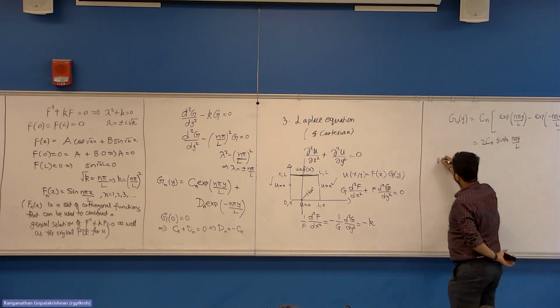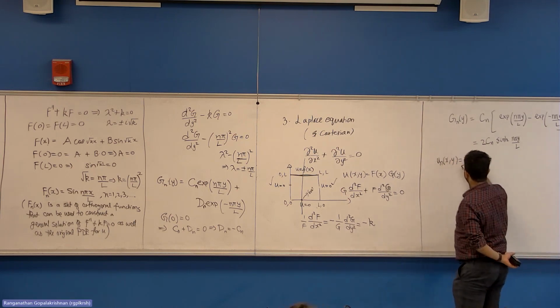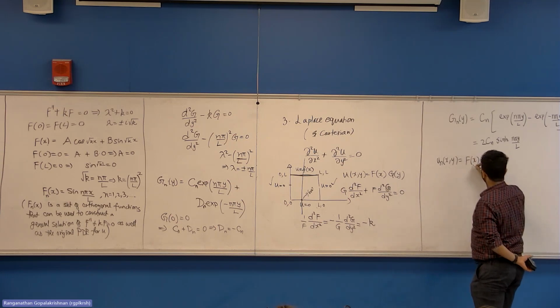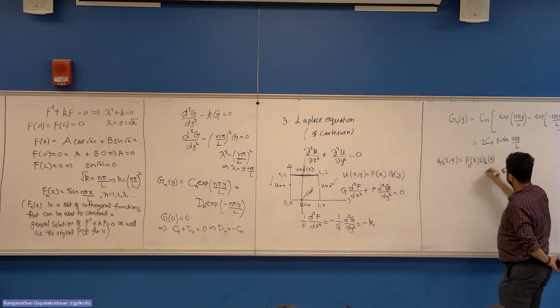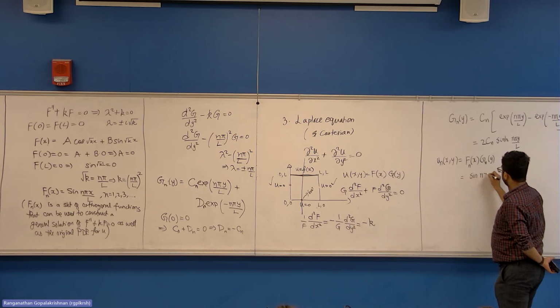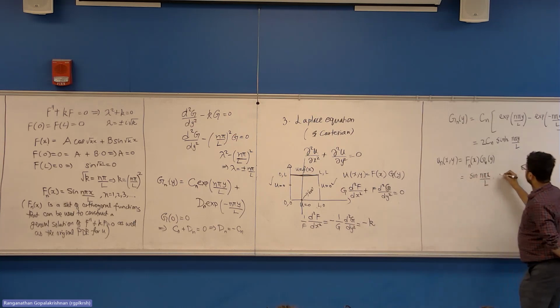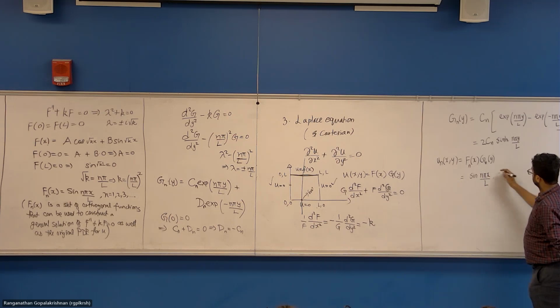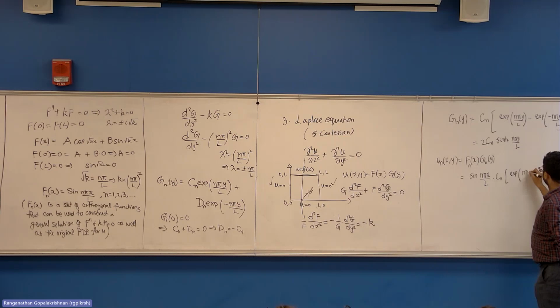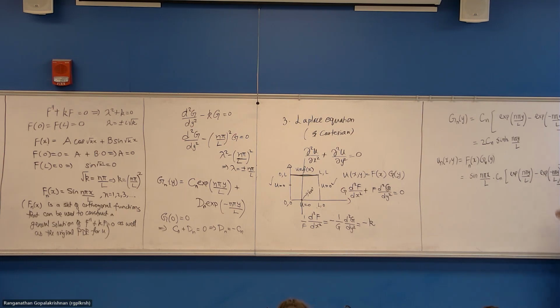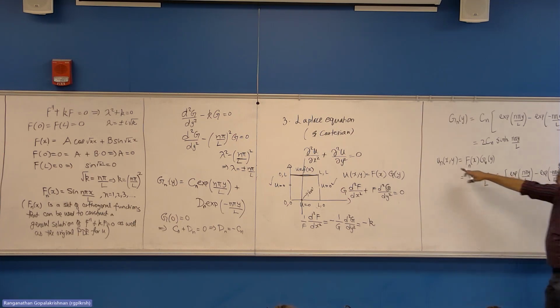Now we will write un of x comma y is fn of x times gn of y, which is sine n pi x over L times Cn times exponent of n pi y over L minus exponent of minus n pi y over L. And this is just un of x.